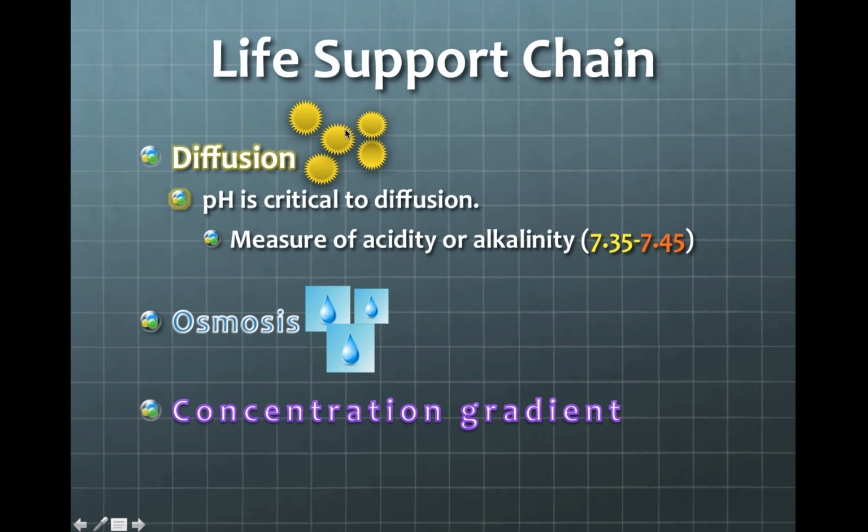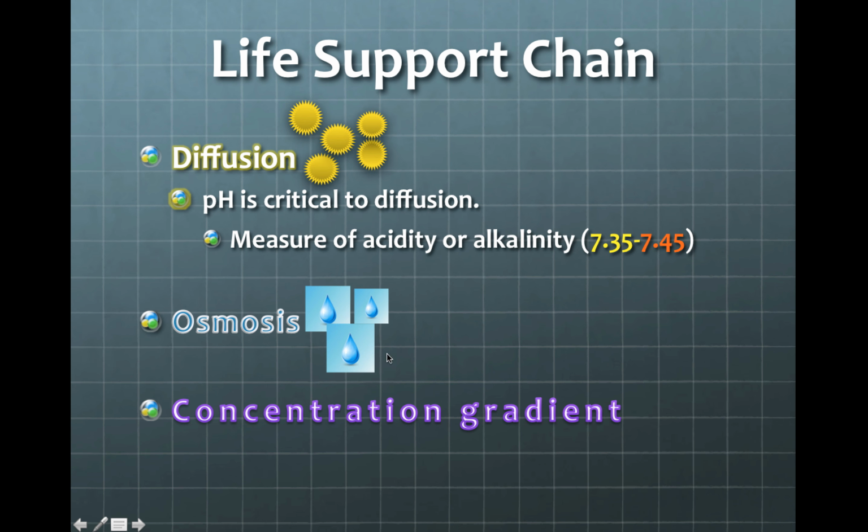But it's particularly going to have an effect on diffusion. And so diffusion, again, movement of particles such as oxygen, carbon dioxide, nutrients in and out of cells is going to be affected largely by pH.